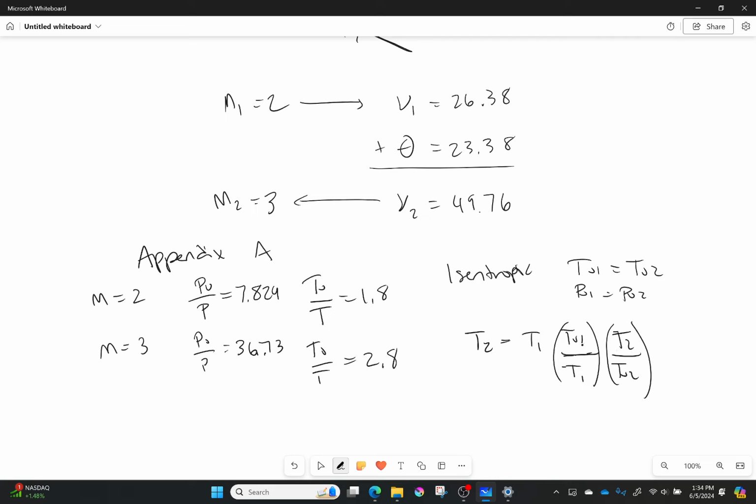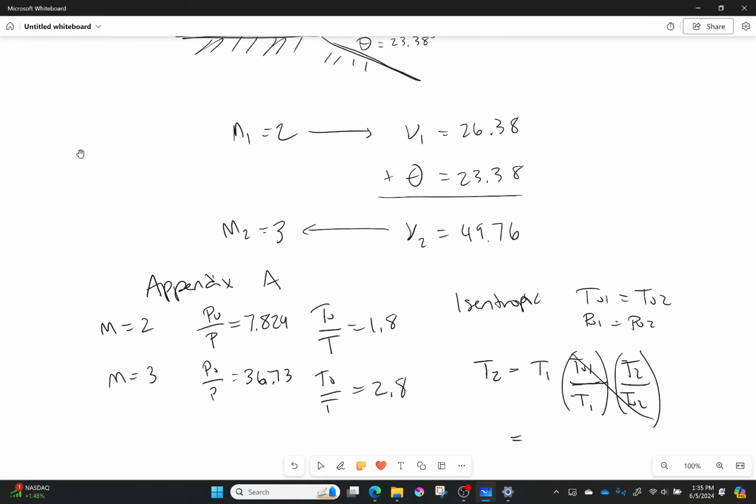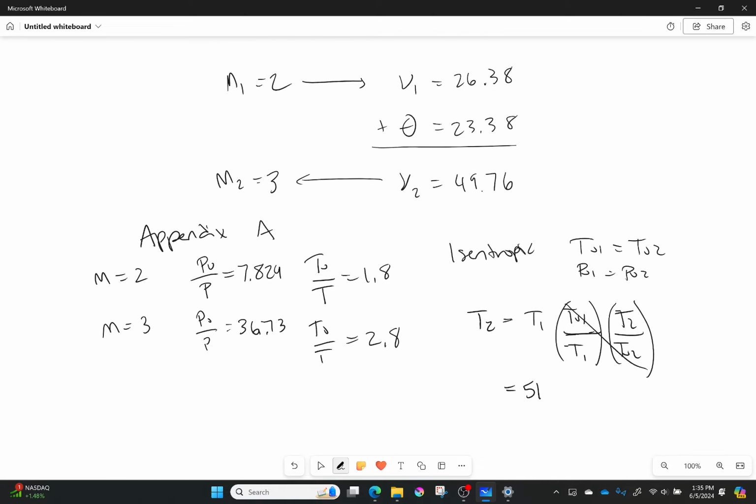I need to remember that those two are the same, so those cancel, and I should be left with T2 at the end. So this is going to be equal to whatever my temperature was, which was 510 Rankine, multiplied by T01 over T1, which is 1.8, and then multiplied by the inverse of the other one. So that would be 1 over 2.8.